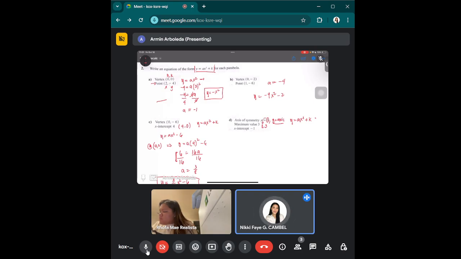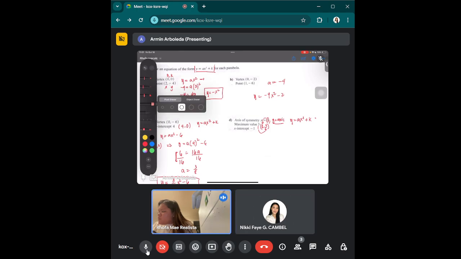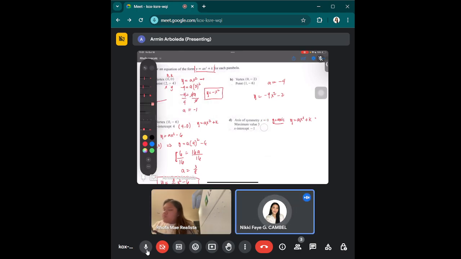And you have a minimum value of 3, that is your y. So you now have the vertex, which is 0 and 3. Let me rewrite this one. From these two givens, we can deduce that we have a vertex that is 0 and 3.